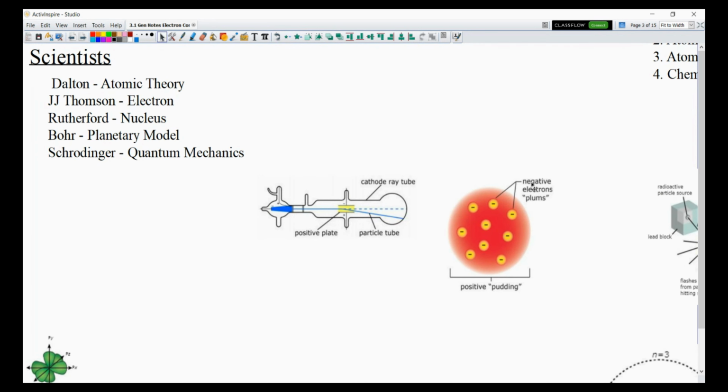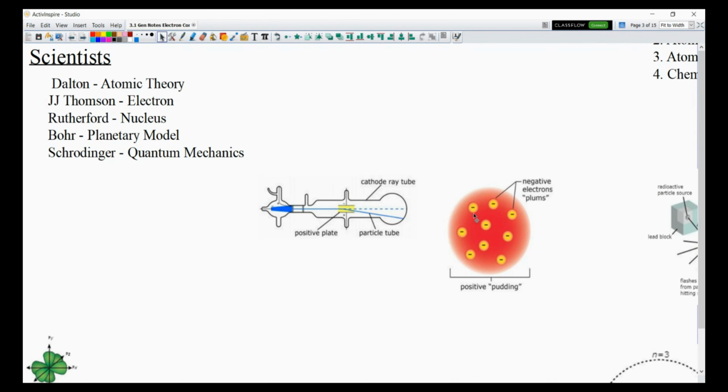So he came up with this model called the plum pudding model. J.J. Thompson was British, and so a very popular dessert back in his time was plum pudding. And he said that the pudding part, so you're looking down bird's eye view on a bowl, and so you have this pudding part here that he said was the positively charged part of an atom.